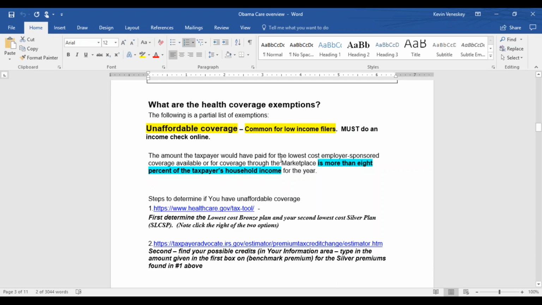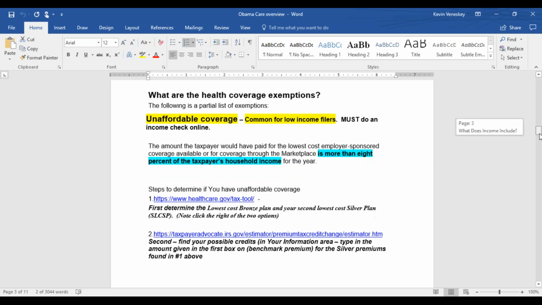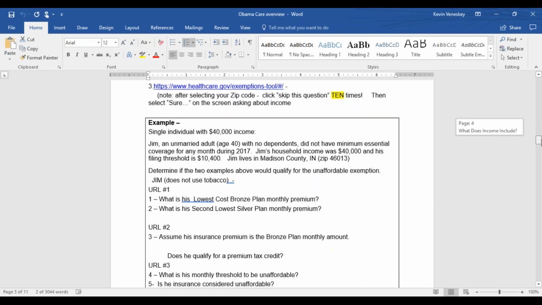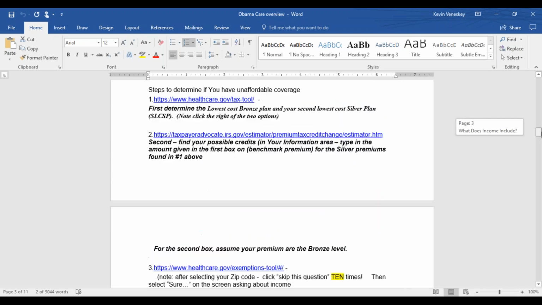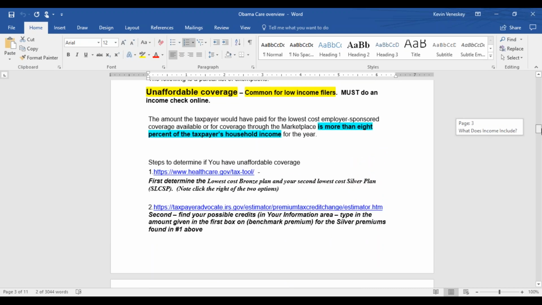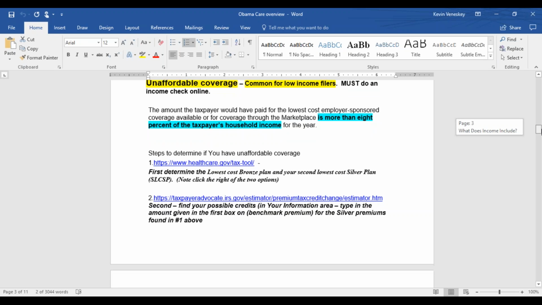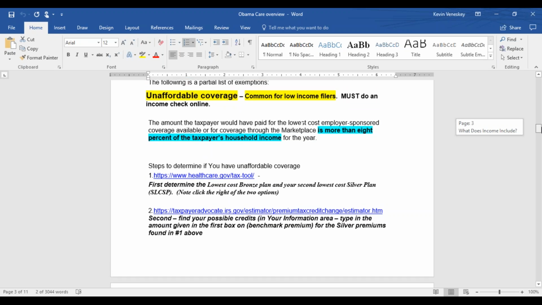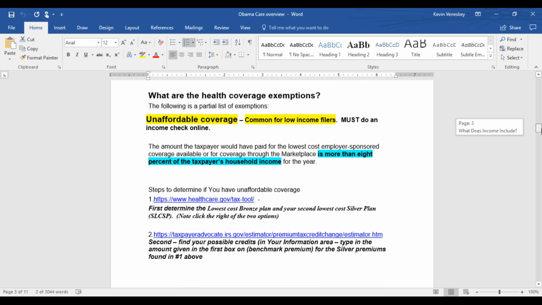I'm not going to go through it in this lecture, how to actually go through it, but you can follow these guidelines if you are interested, and I highly recommend you try it. And then I can post the answers to my examples down here. Just email me, and I will gladly send those to you, and you can see how you did. There's just 3 steps that you need to do to figure out if you do qualify as unaffordable coverage.